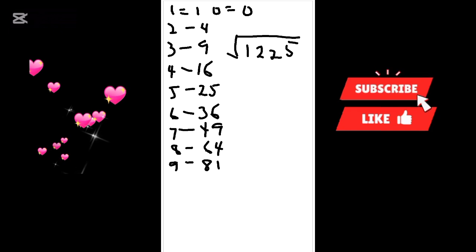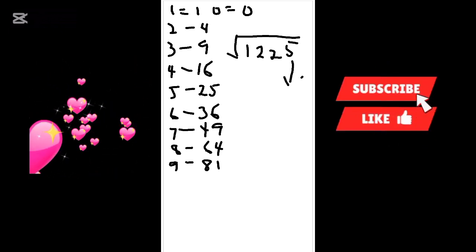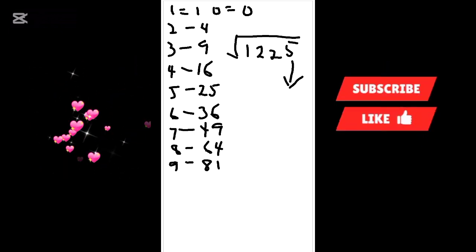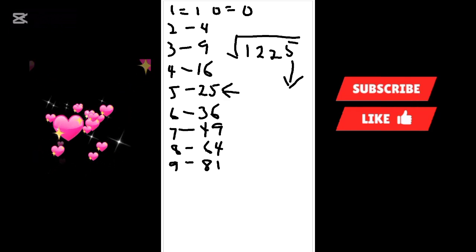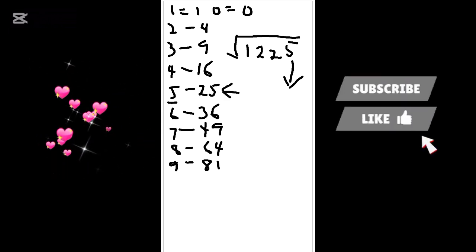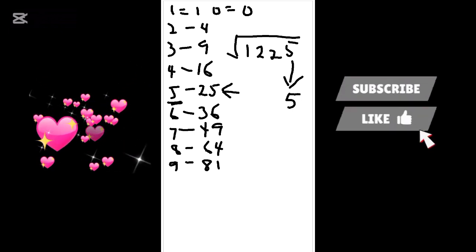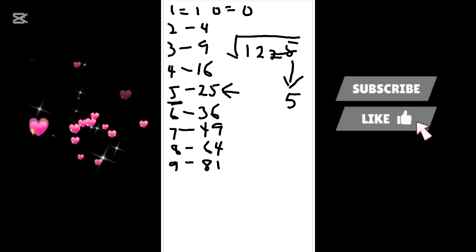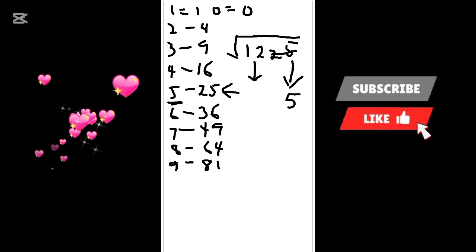Okay. First thing, we look at the very last number, which is this one, and we check our fundamentals to see which number ends in 5. That's this one, and that is 5 over here. So we put that down, and then we cross these 2 last numbers. Then our focus is on 12.